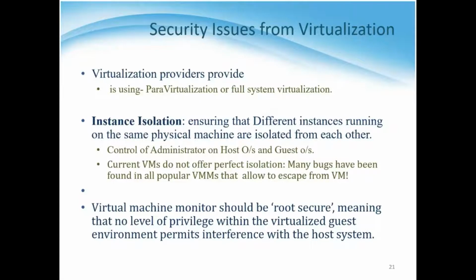Instance isolation means ensuring that different instances running on the same physical machine are isolated from each other. Whenever you connect to a web server or website, maybe Amazon.com, each and every person has their separate instance. At the same time, a million users are connecting.